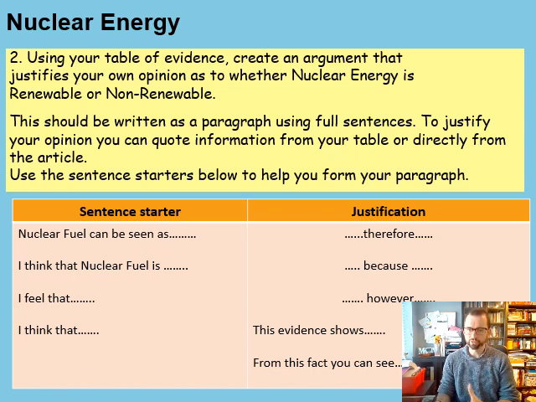I want you to link it to the facts you've got from the article, but you can't be wrong when you're talking about your opinion as long as you justify it. So that's where it's really important that you justify your argument with facts. You can argue either way. I have no problem with you arguing either way. I have my own views, but I fully understand they can be considered to be either side of the argument.